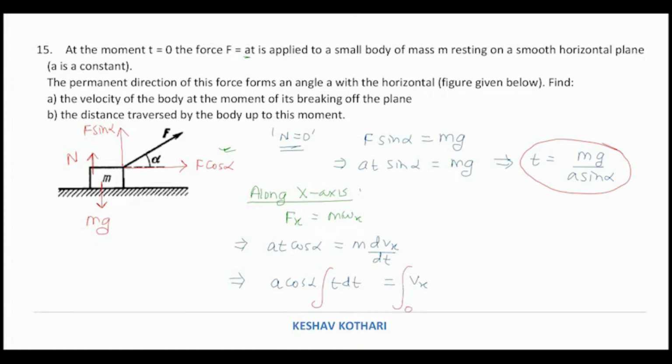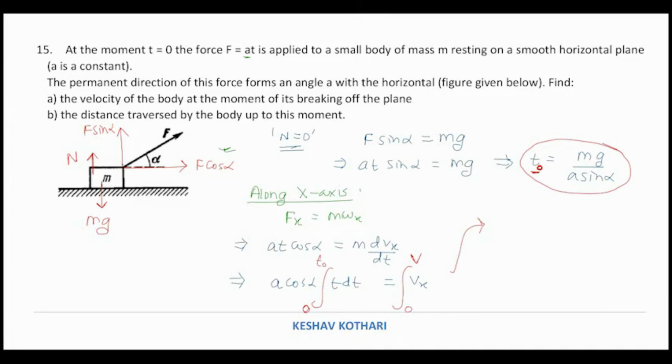At t equal to 0, the velocity was 0, and it breaks off from the surface at a time t0. So at time t0 when it breaks off from the surface, the velocity is v. The first expression which I obtain is the equation in terms of time.